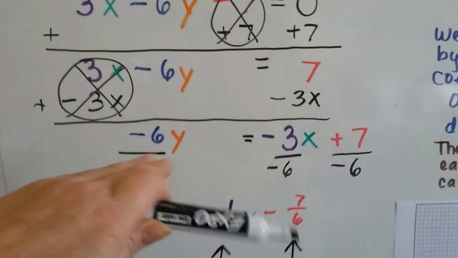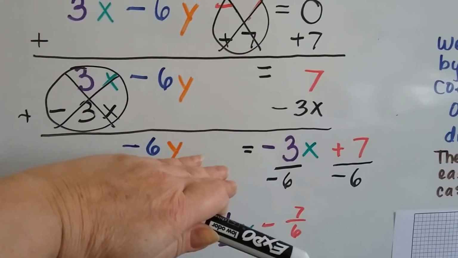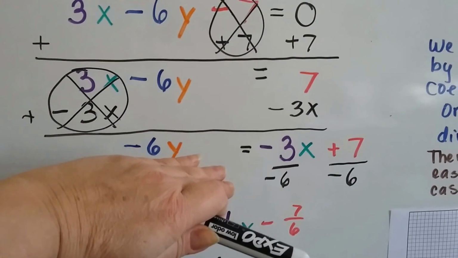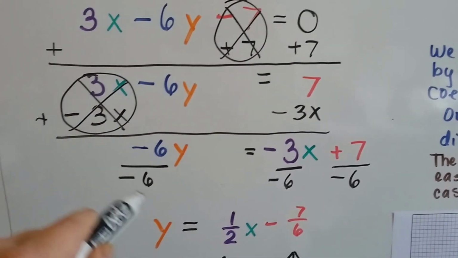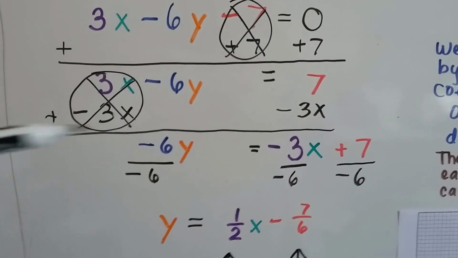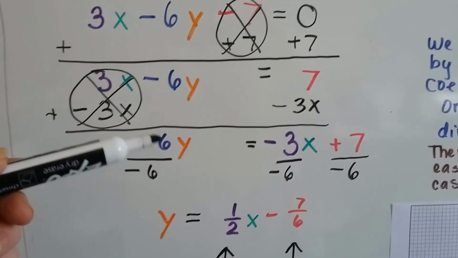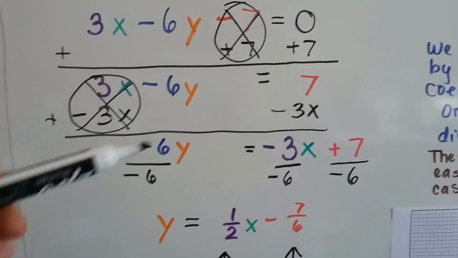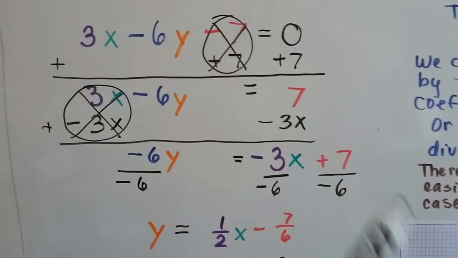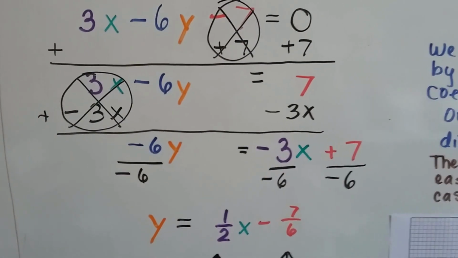So if this -6y were a fraction, like if it was 6/10, then yeah, it helps to do it by the reciprocal, because then you're just multiplying the numerator across and the denominator across. But when it's just a -6 like this, we could just divide each term by that -6.